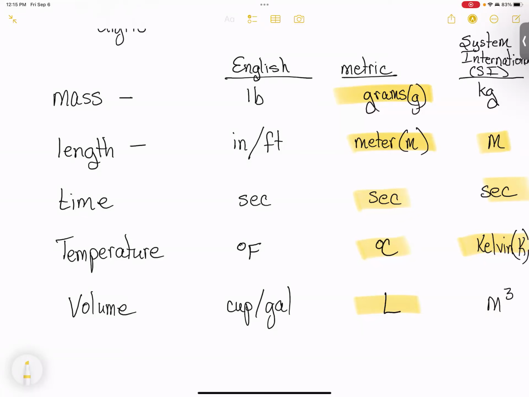Now, when you look at these equalities, such as 12 inches is 1 foot, the 1 is always going to be an exact number. So 1 foot is 0.3048 meters.